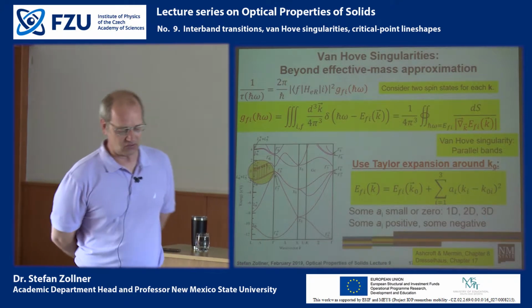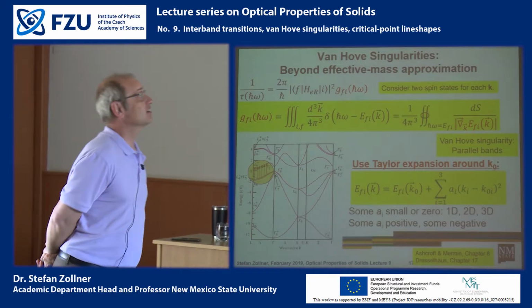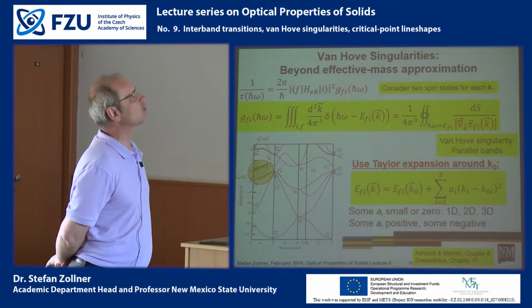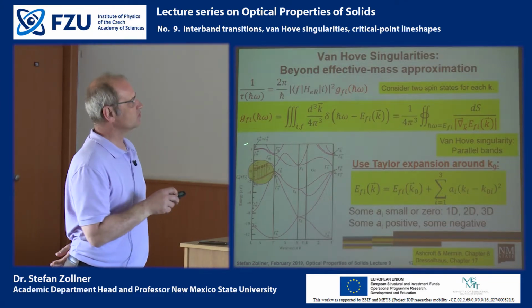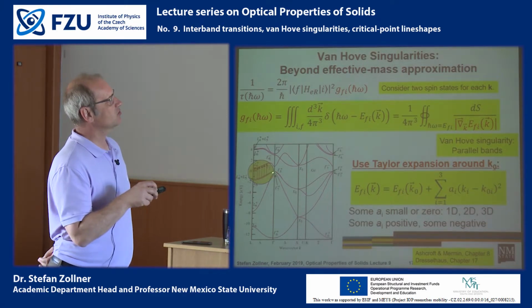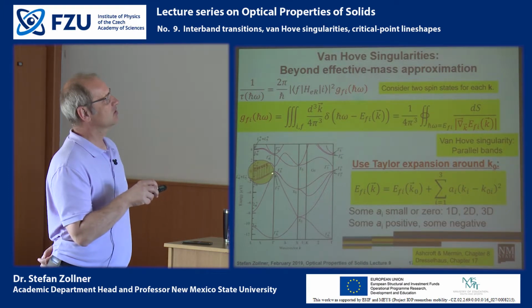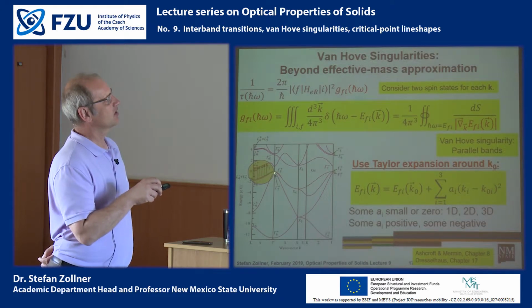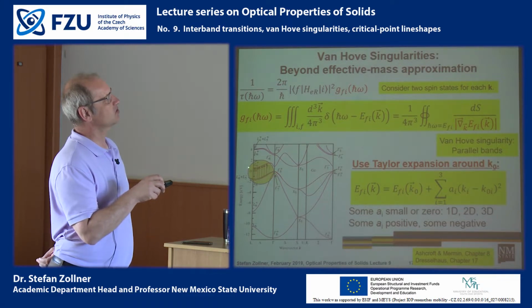And now I want to move to the second half, which has to do with Van Hove singularities. This is the band structure of germanium, and in the first half of this lecture, we discussed indirect transitions from the gamma point in the valence band to the conduction band minimum at L. So that was the indirect transition.